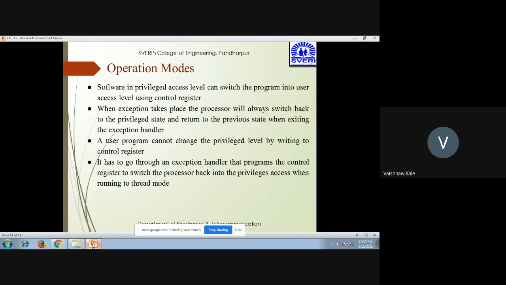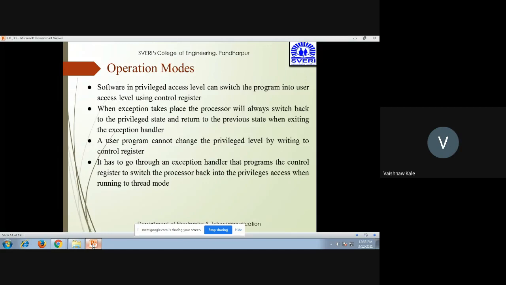So there is switching between the privilege level and the user level. As soon as the exception takes place, the processor switches to the privileged state. A user program cannot change the privilege level by writing to the control register, because it is at the user level only.